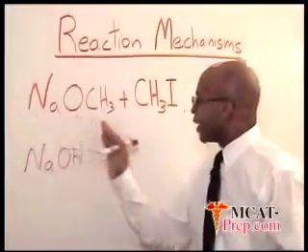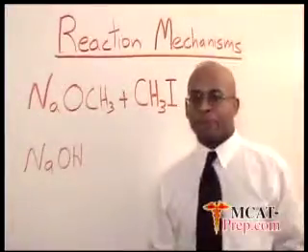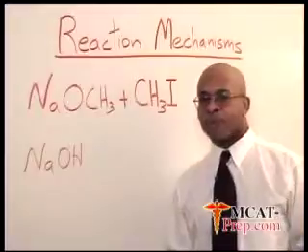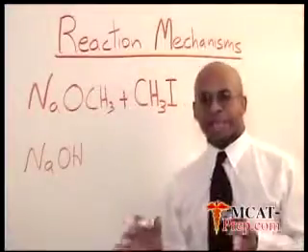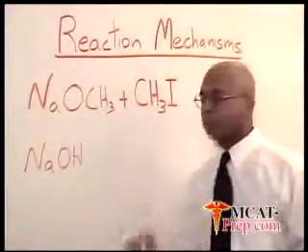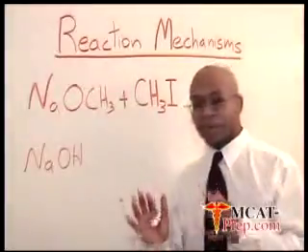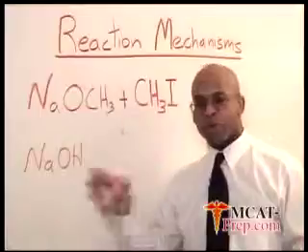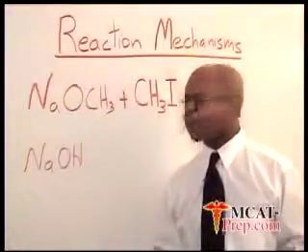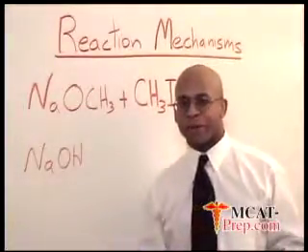So, in solution, what would happen if these two compounds were added together? Even if you had no organic chemistry experience, you should be able to work out the result of this reaction. You may want to take a moment and pause and work out the product, or we'll work on it together.